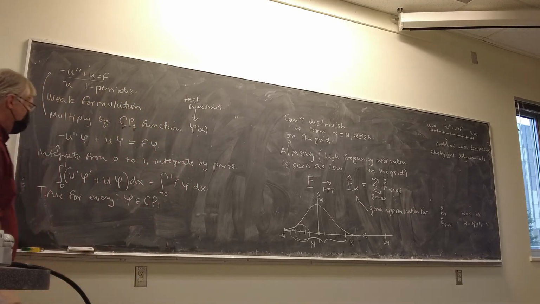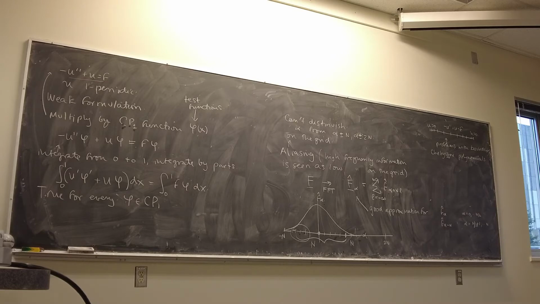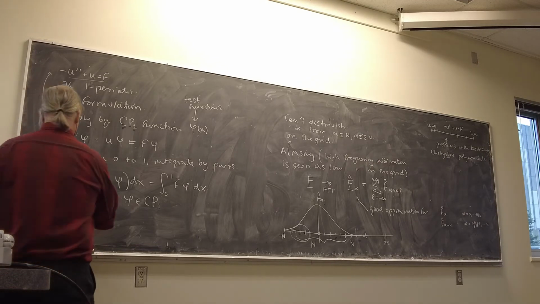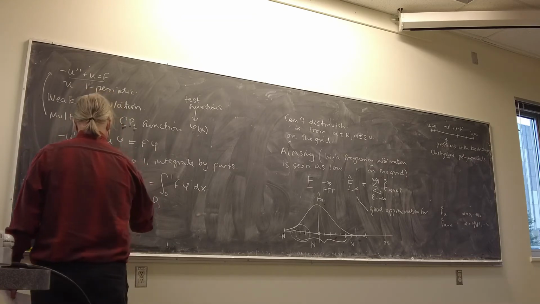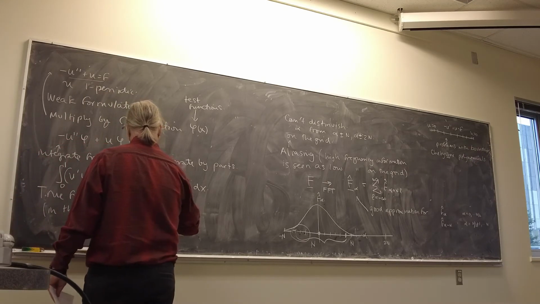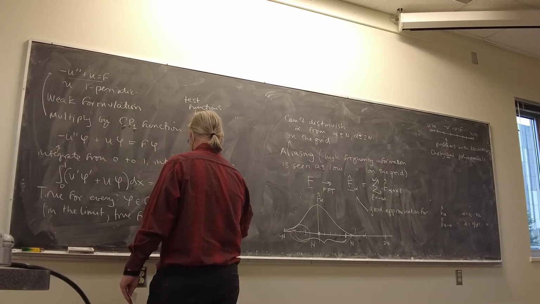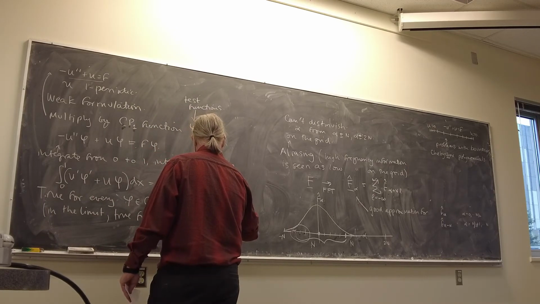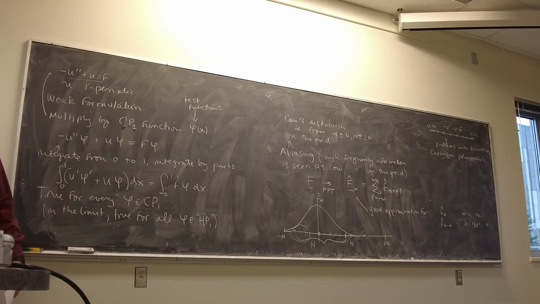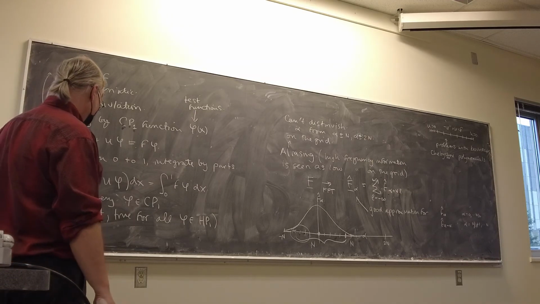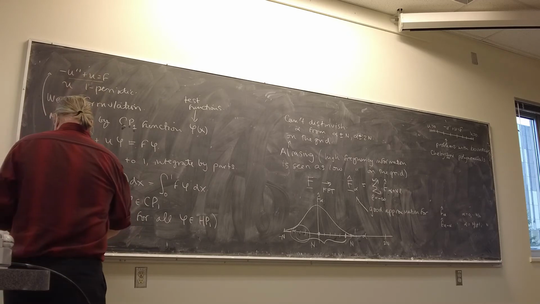And remember, I said as long as you can take limits in the H1 norm, then if it's true for these functions, it will be true in the limit. It'll be true for all phi in this bigger space, HP1. So that's where you've got square integrable derivatives and function values.